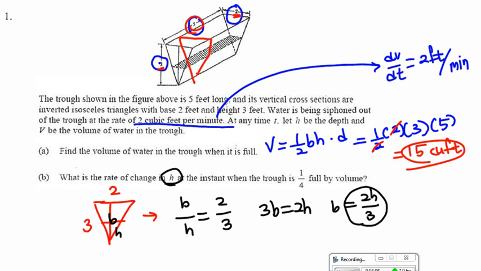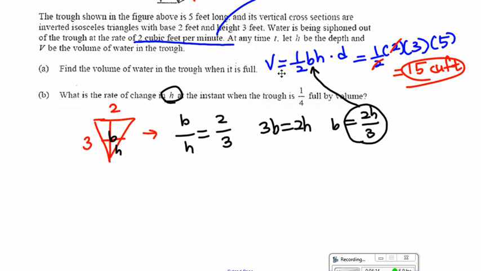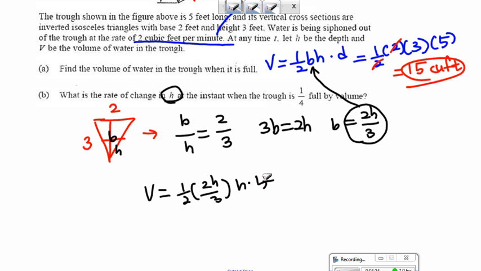By putting this in place of the volume, we'll get something like this. Here we have V is equal to 1/2 times 2h/3 times h times 5, because no matter what, our depth will be equal to 5.